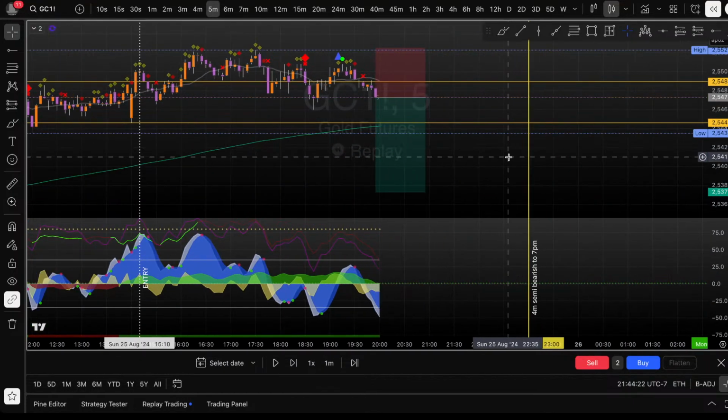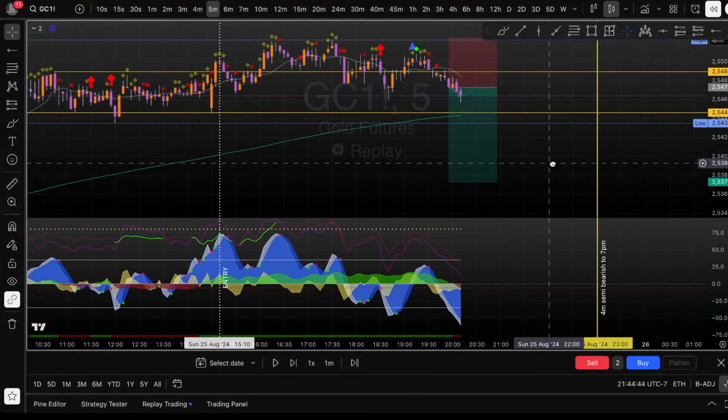Let's run it. Getting a little wick action.